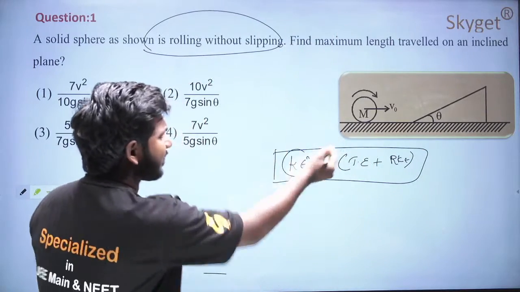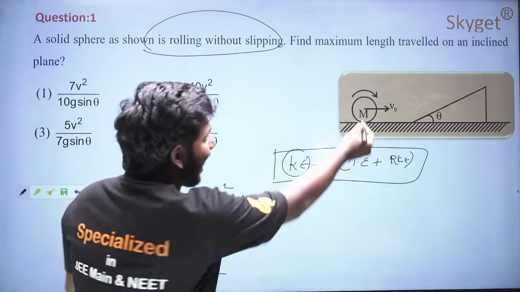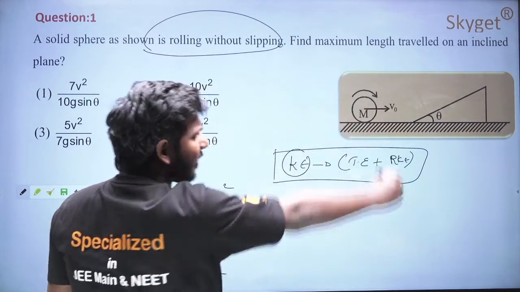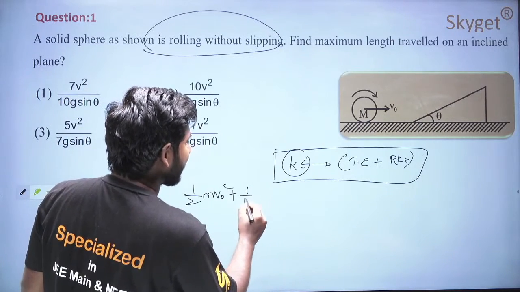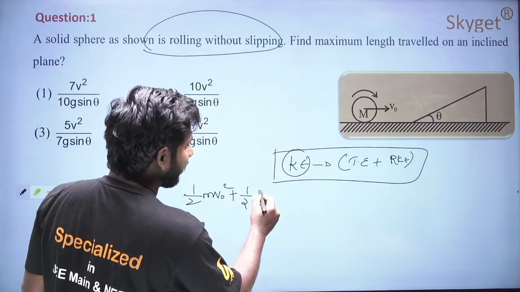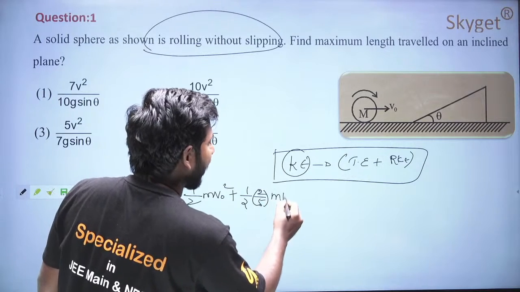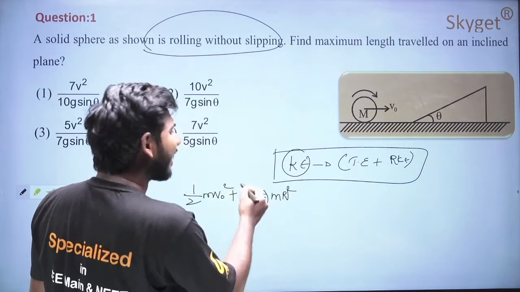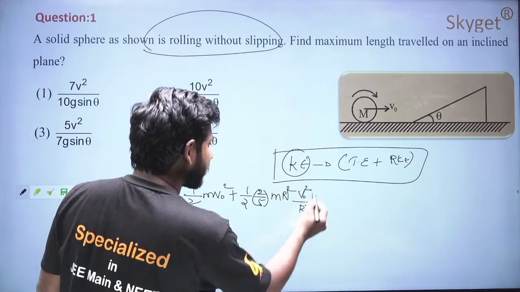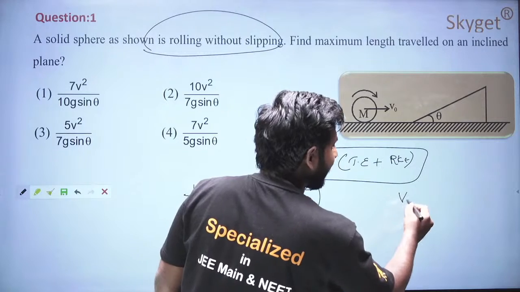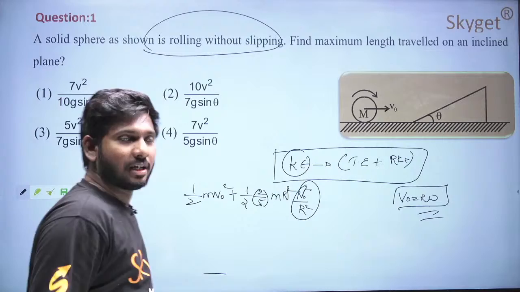So, students, what is the translational energy? Half m v naught square, as shown in the figure. The mass is m. Plus the rotational kinetic energy, half I omega square. I of a solid sphere about its axis is 2 by 5 m r square, and omega square can be written as v naught square by r square, because v naught is equal to r omega for pure rolling.